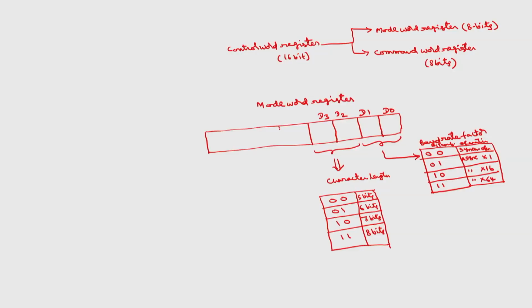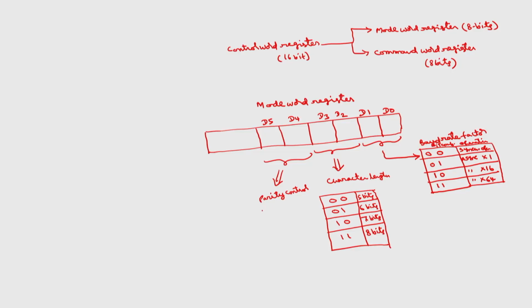The next 2 bits, D4 and D5, are parity control signals. This will be parity control. As I have discussed in the earlier lecture, we have to send some parity signals in order to detect and correct the errors at the receiver. We can transmit either even parity or odd parity, or we can have no parity also. For short distance communications, you can send even without parity.